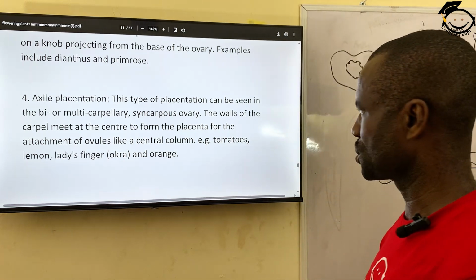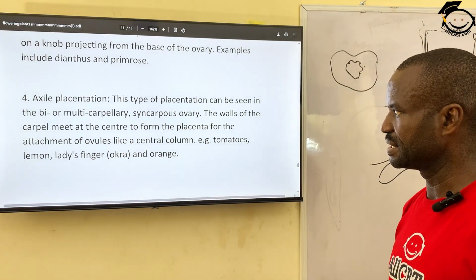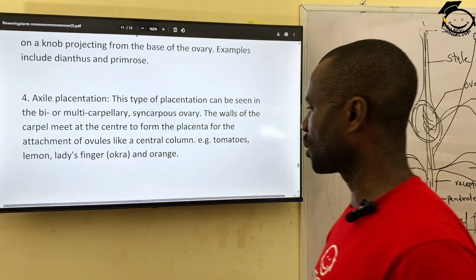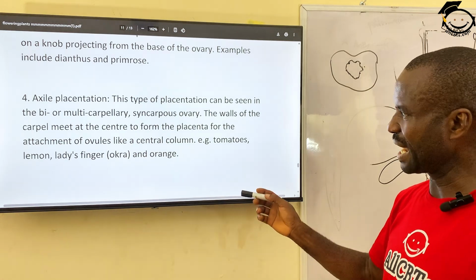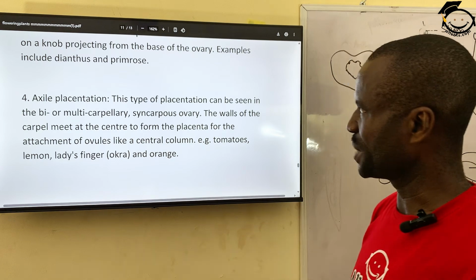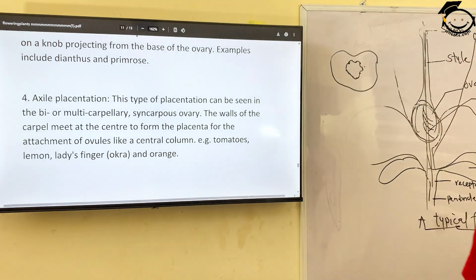Examples are tomato, lady's finger, okra, and orange. Please remember, at least tomato is a basic example you can relate with when it comes to axile placentation.